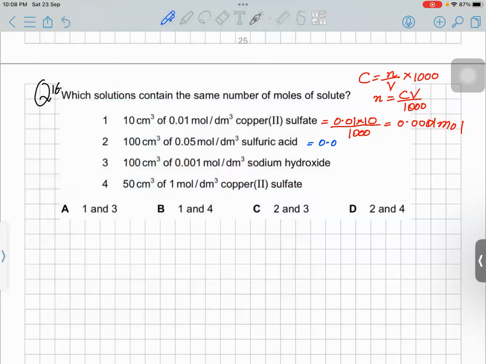Next is 0.05 multiplied by 100 divided by 1000, which is 0.005. Here we have 1000. Okay.